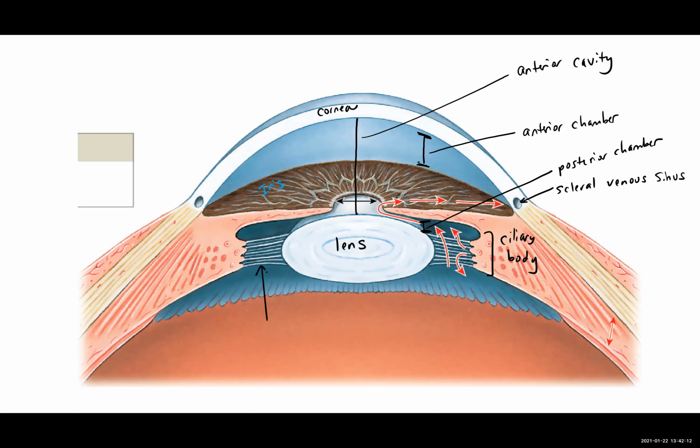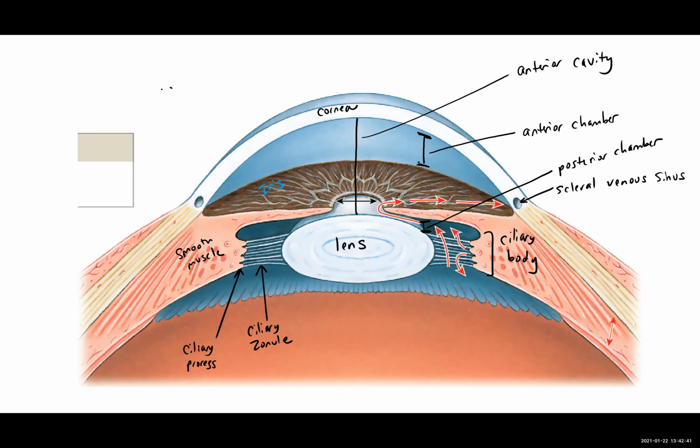So taking a look, we see we have these special ligaments called ciliary zonules holding the lens in place. And when we look at that ciliary body, that's a smooth muscle, and it has these ciliary processes that are sticking out. So this is a smooth muscle.